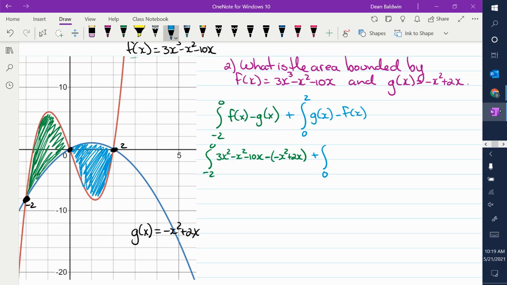Plus the integral from 0 to 2 of, and then you flip them, -x squared plus 2x minus (3x cubed minus x squared minus 10x).